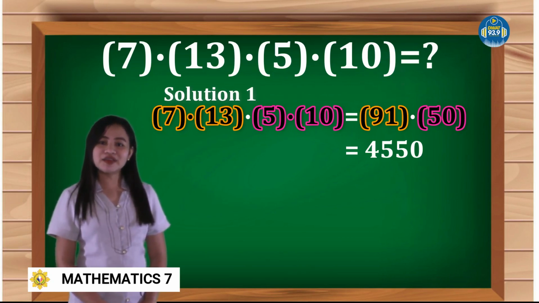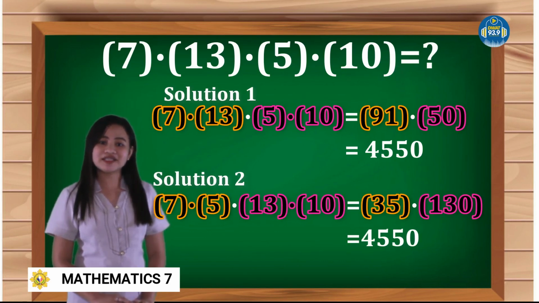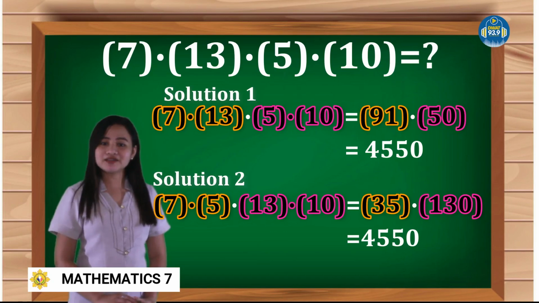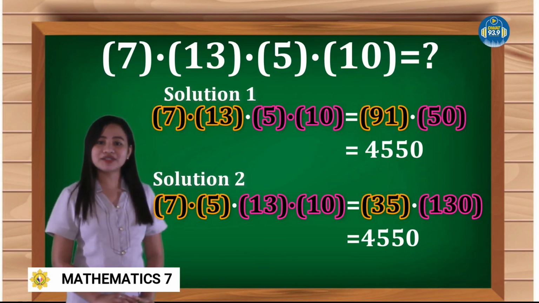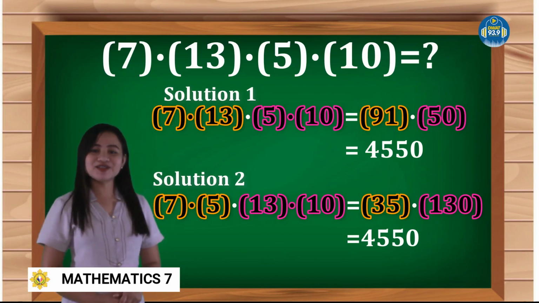Another way of solving this is that instead of multiplying 7 and 13, multiply 7 and 5 since it seems easier. Then multiply 13 and 10, so we obtain 35 times 130, and the answer is 4,550. Either way, both solutions will yield the same answer, which is 4,550.